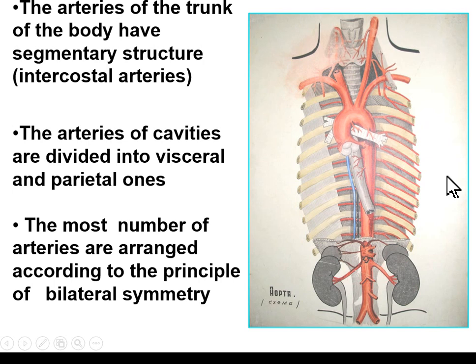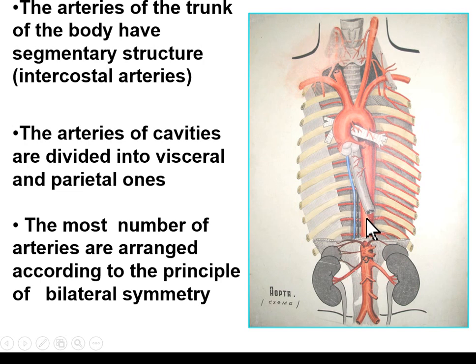The arteries of the trunk of the body have segmentary structure. For example, intercostal arteries. They lie along the segments of the trunk, parallel to each other. The arteries of the cavities are divided into the visceral and parietal ones. For example, this is thoracic cavity. This is thoracic aorta.